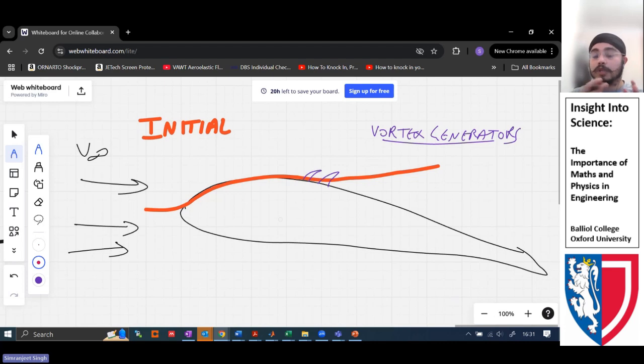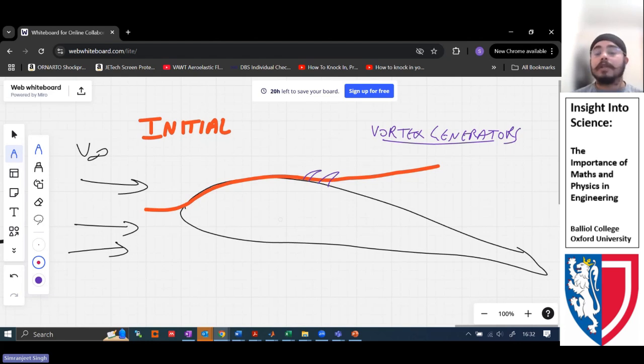So what do you do? You run it once, then you do the computer simulation and try to find that spot. How do you do that? You have created your computer model, tried to be as precise as possible, and you have got that spot tentatively. And then you use different sizes of vortex generator, right?